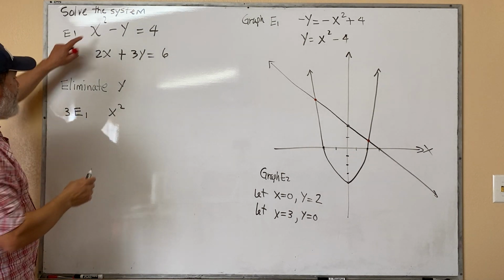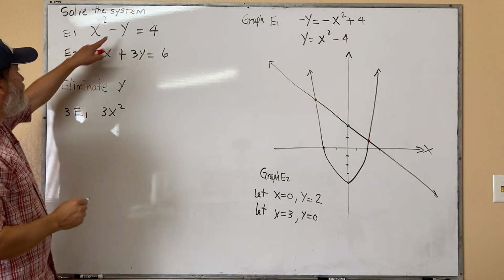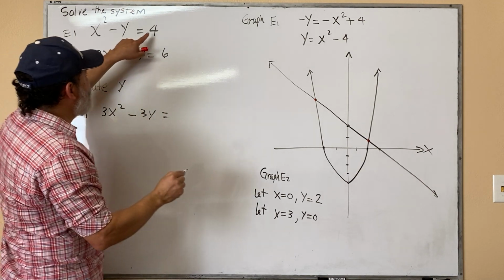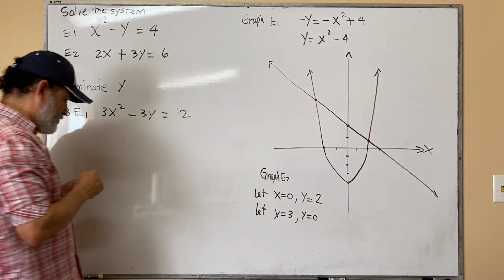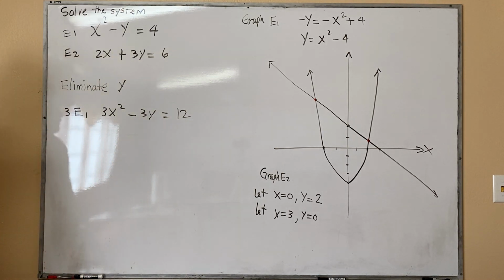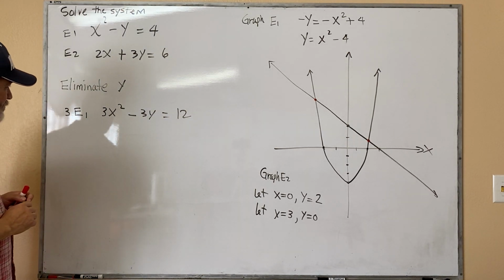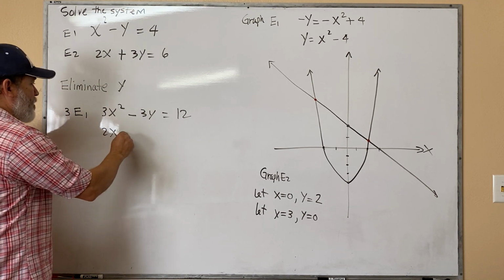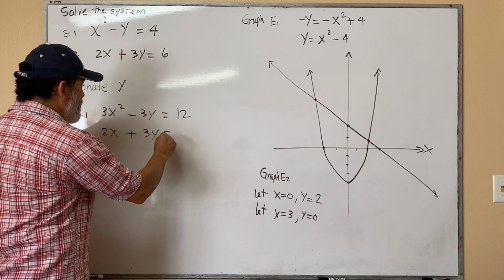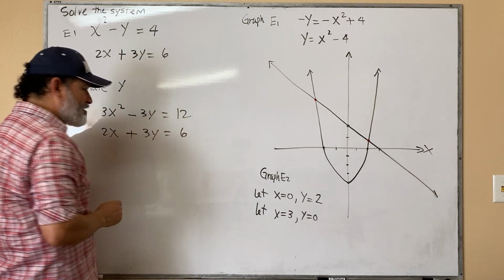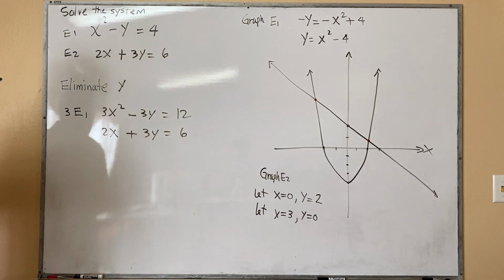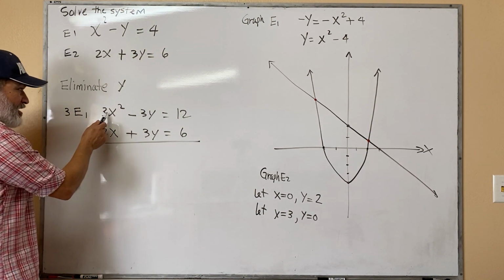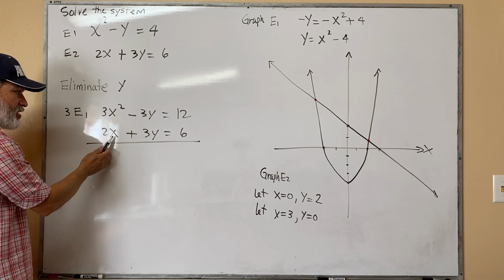So 3x squared minus 3y equals 12. And this is 2x plus 3y equals 6. Add them up. Don't add this to that because they're not like terms.